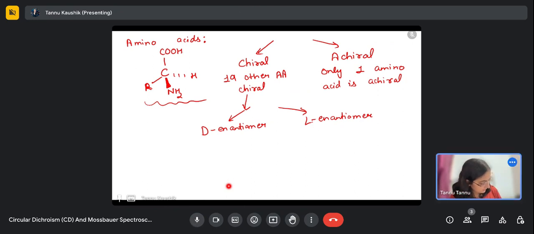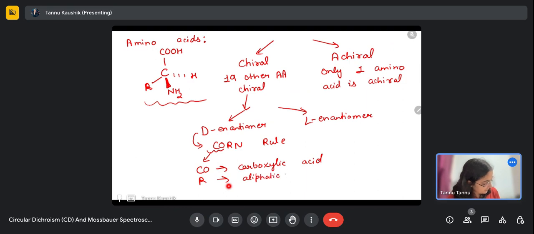We find out whether an amino acid is the D enantiomer or the L enantiomer based on the CORN rule. CORN means CO is the carboxylic acid, R is aliphatic, aromatic, polar, or any other functional group, and N is the amine group.